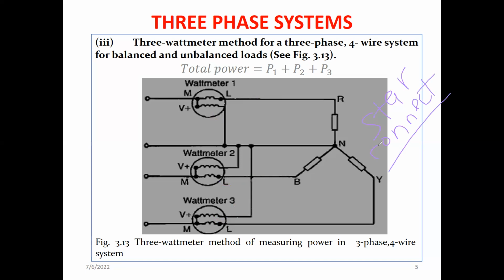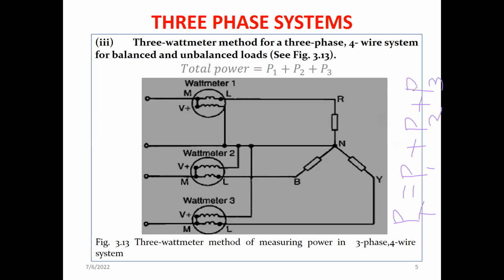To find the total power in the three-wattmeter method, the total power P is equal to the power in wattmeter 1, plus the power in wattmeter 2, plus the power in wattmeter 3.